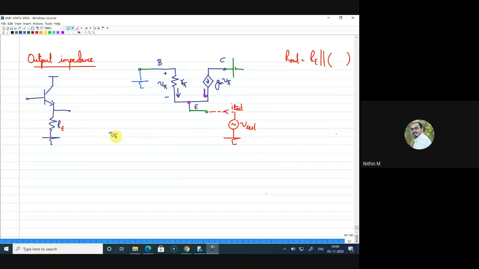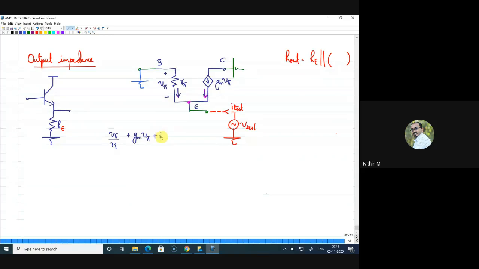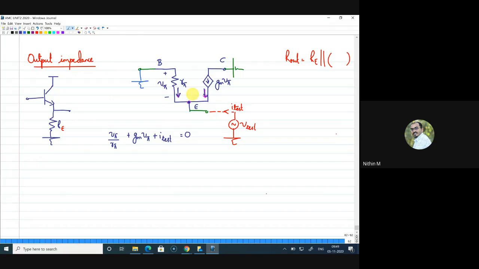So that current is V pi by R pi plus Gm V pi and plus I test is equal to 0, right. So the sum of the currents, I am applying KCL at this node, incoming, incoming and incoming current. The sum of all those three is equal to 0.